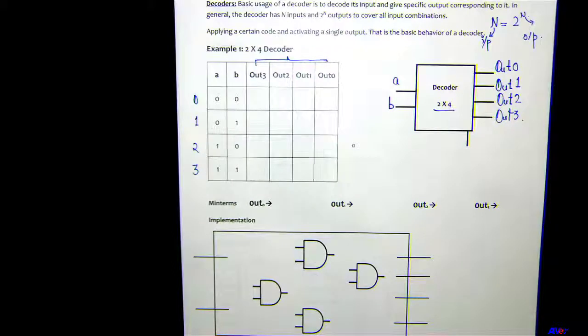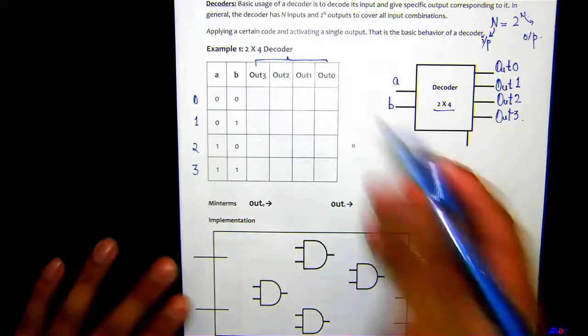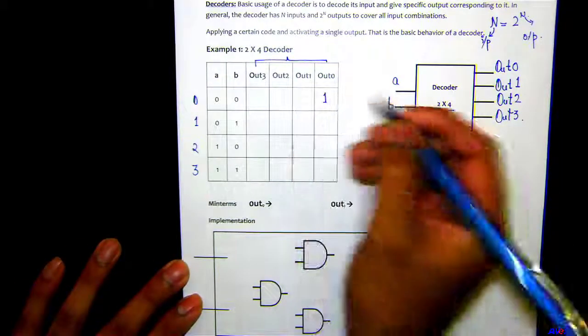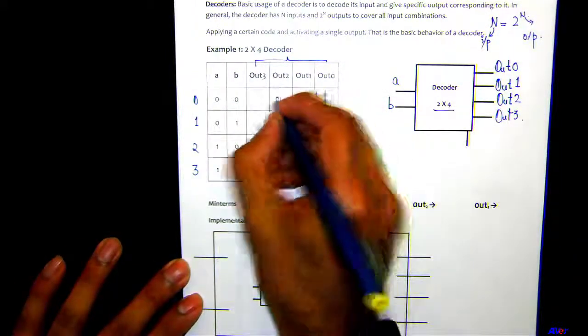If the input is 0 0, what should be the outputs here? Output 0, 1, 2, and 3. You apply the same logic that you did in encoders. You look at the binary code and you come up with a decimal number, and that line would be high. 0 0 makes a code of 0, so out 0 is going to be high, and rest of the others are going to be low.